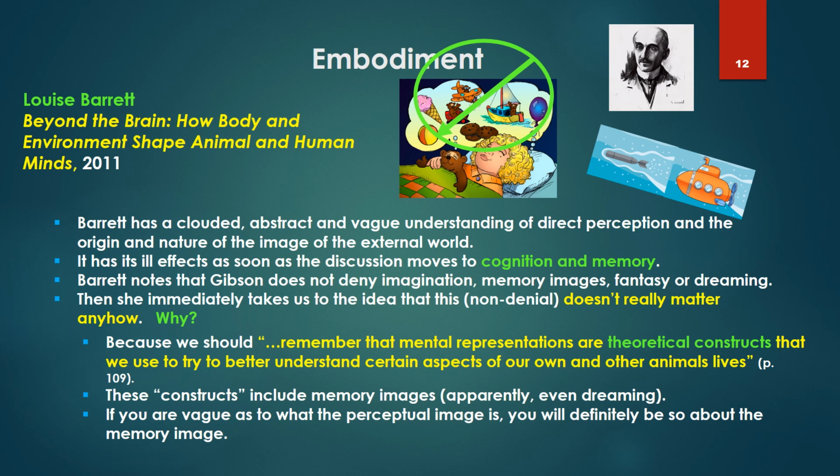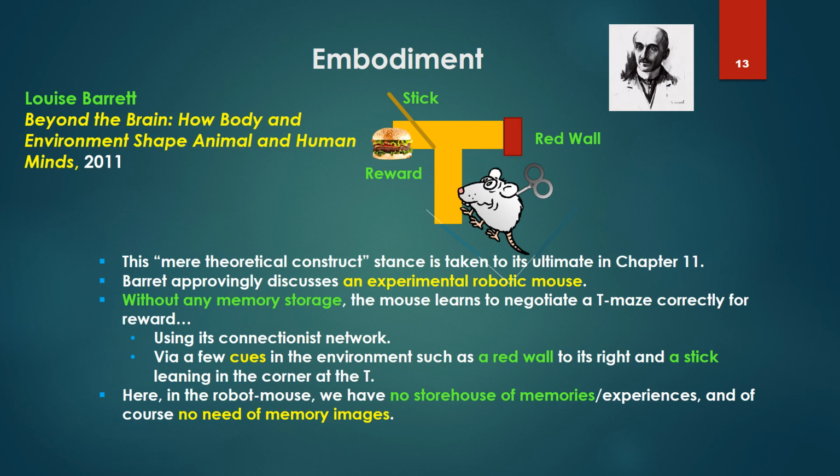So notice, the images are gone. They're just constructs. They're just mental constructs, imaginary constructs. If you are vague as to what the perceptual image is, you will definitely be so about the memory image. And that's what's going on here. This mere theoretical construct stance is taken to its ultimate in chapter 11.